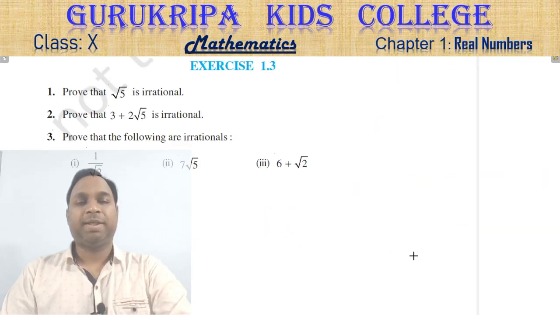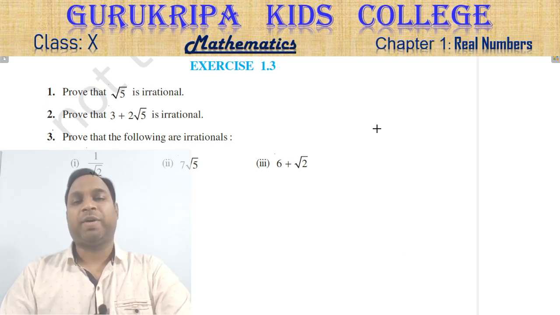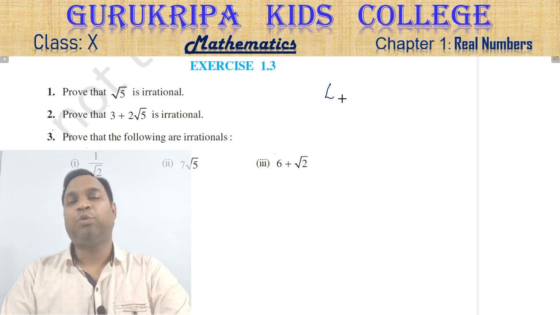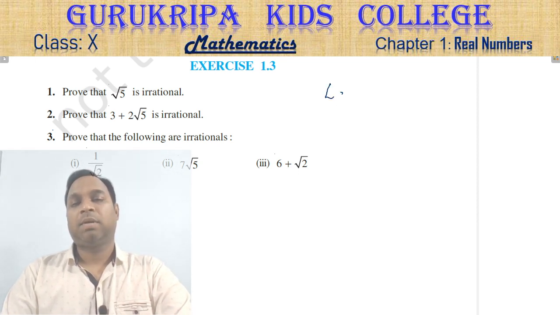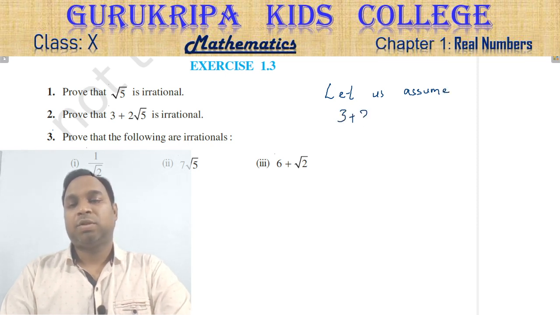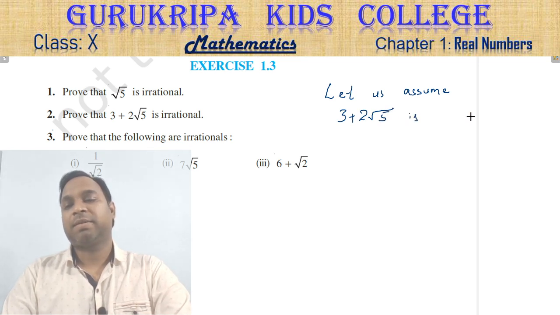The second question is, prove that 3 plus 2 square root 5 is irrational. Again, we'll do the same thing, proof by contradiction. So let us assume, what will be assumed? 3 plus 2 square root 5 is rational, isn't it?